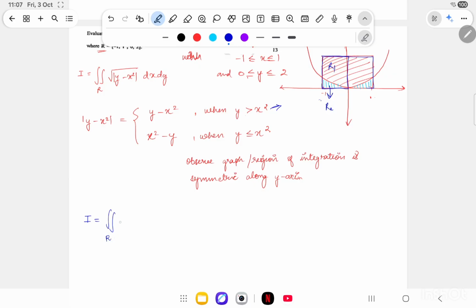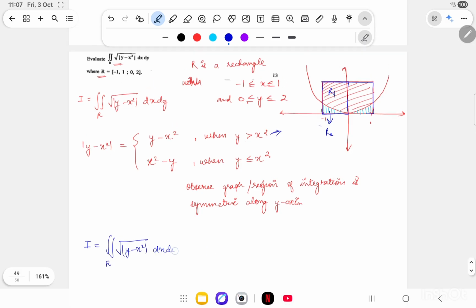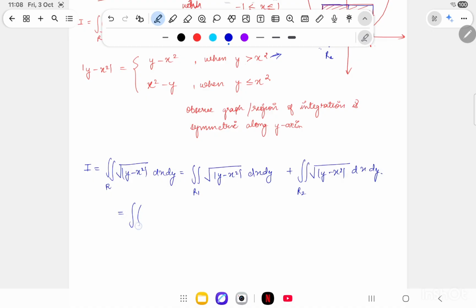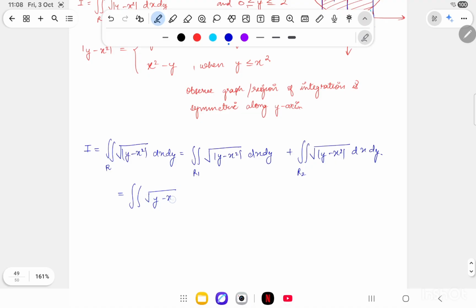So the integration over R of under root of mod of y minus x square, dx dy, will be equal to the integration over region R1 of under root of mod of y minus x square, plus the integration over region R2 of the same. In region R1 this is under root y minus x square, and in R2 it is under root x square minus y.